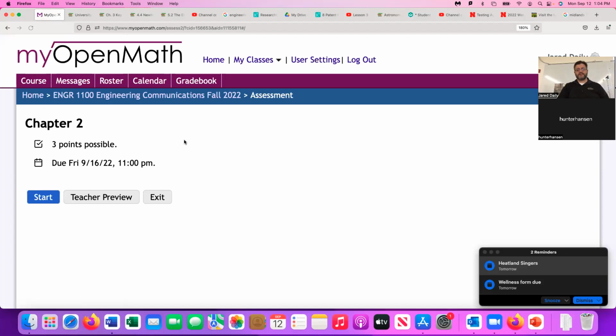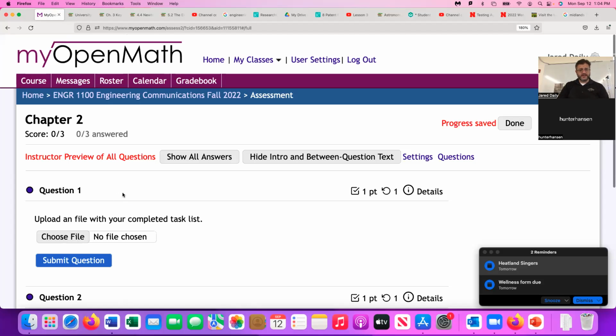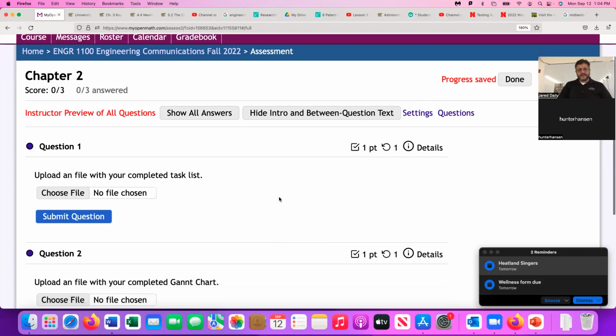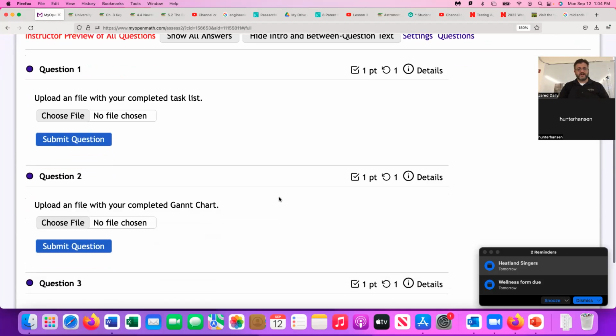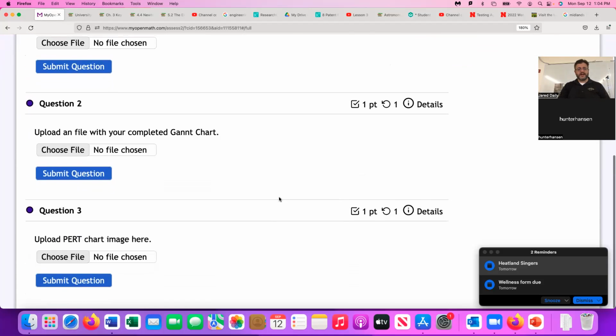So if we just go to the chapter 2 homework, we should be able to see these. Yeah. So the first one is a task list. The second one is a Gantt chart. And the third one is a PERT chart that you're going to be constructing. And we're going to learn about what these are today and also on Wednesday.